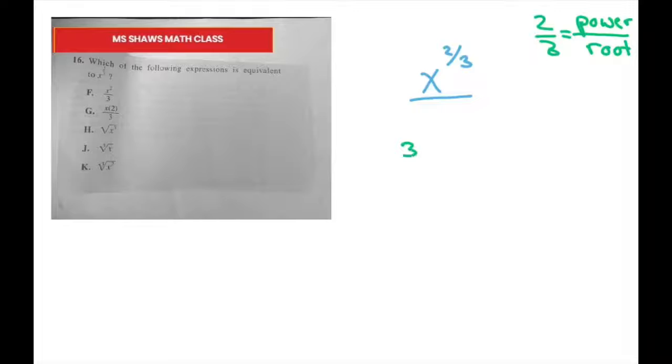So our root is 3, so cube root of x squared. And they don't put the square there. Wait, they do put the square there, so that would be, where is it? That would be K. Sorry, I couldn't find it. So the answer is K.